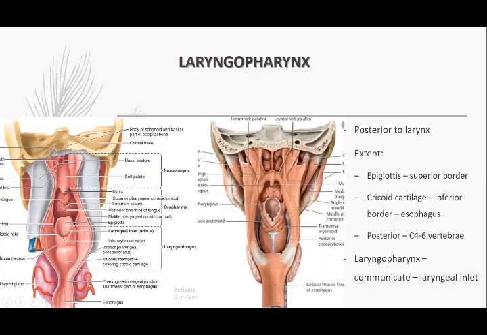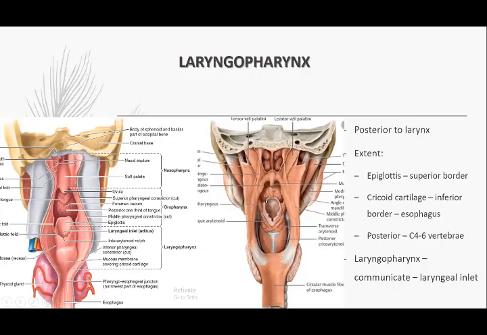And this part of the pharynx, the laryngopharynx, is actually resting on the vertebral bodies of C4, 5, 6 cervical vertebrae.